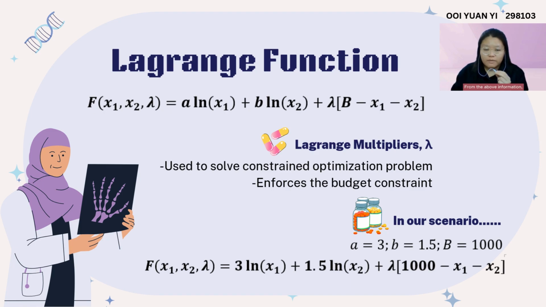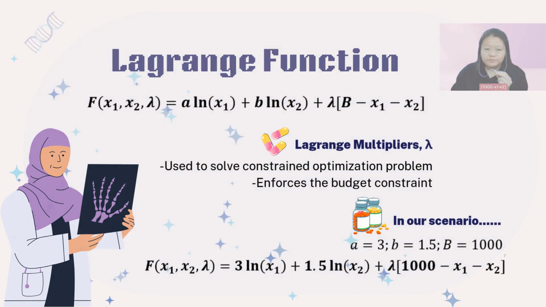For the above information, which is a equal to 3, b equal to 1.5, and the budget equal to 1000, we can conclude that our Lagrange function is f(x1, x2, lambda) equal to 3 ln x1 plus 1.5 ln x2 plus lambda in the big bracket 1000 minus x1 minus x2.